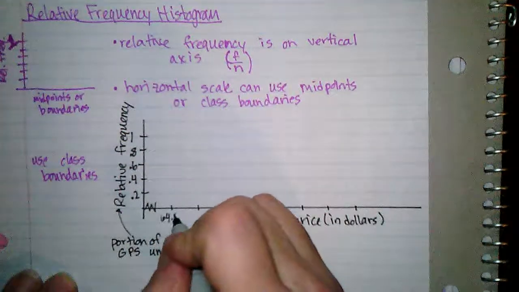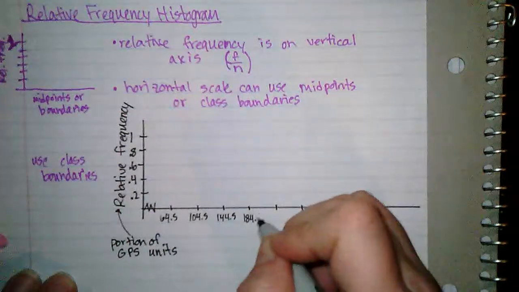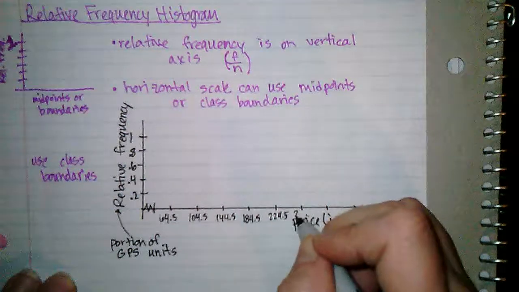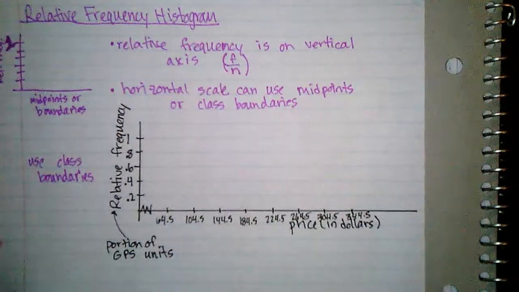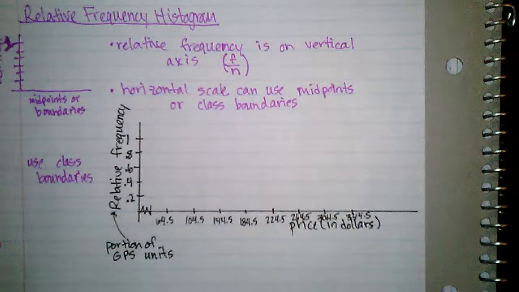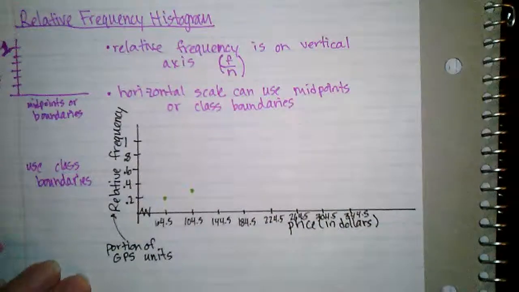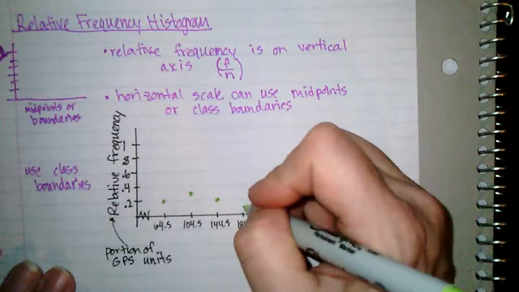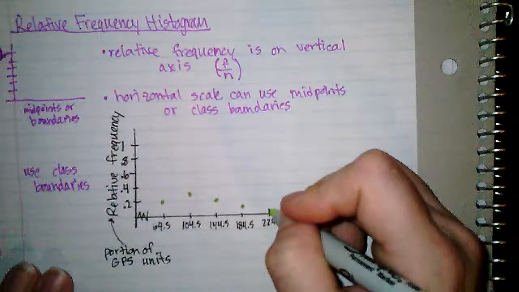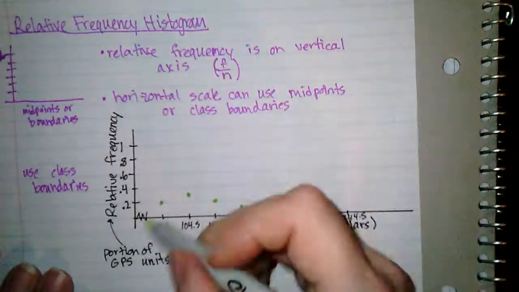So we had gone 64.5, and since I'm using boundaries, we will use relative frequency of 0.2, and then the next one was 0.3, and the next one was 0.2 again, and then 0.13, 0.07, 0.03, 0.07.